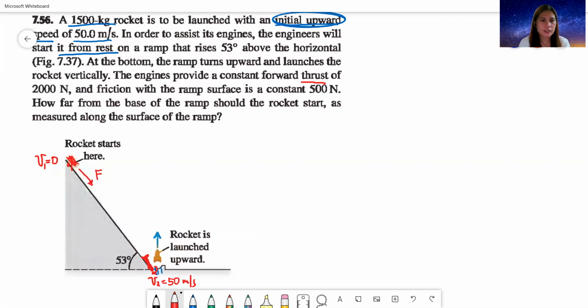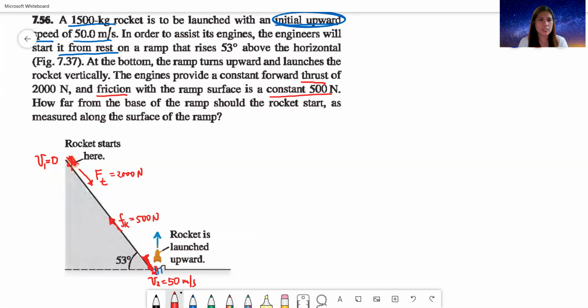So we call that thrust as F sub T na lang, ganyan. And it's 2,000 newtons. But there's also a constant 500 frictional force. So if the rocket is going downward, then we know that friction opposes it. So we'll call this specifically kinetic friction. And this is 500 newtons.